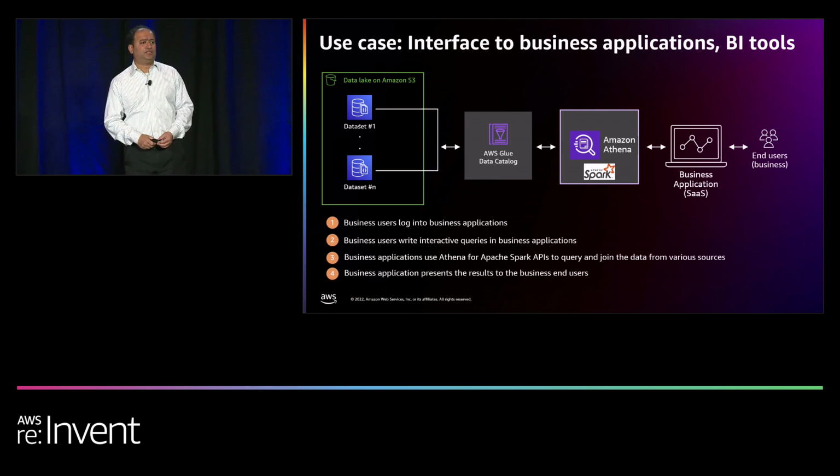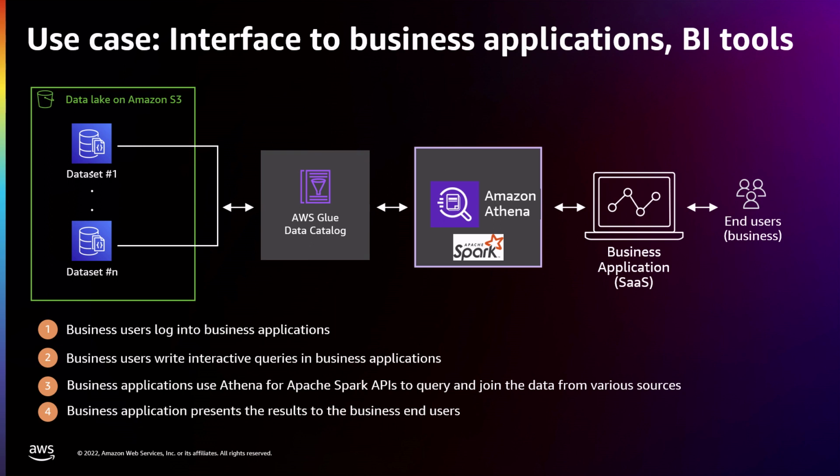The other use case is when you have your own business front end applications. You want to provide interactive web applications to your business end users. And the way it would work is this: your business end users would log into your business application. They would write interactive queries, or you could have interactive widgets in your web applications.